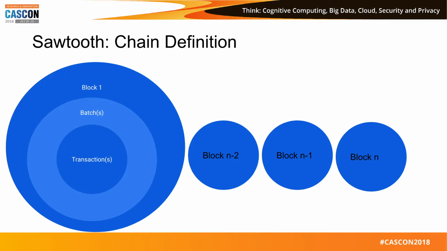You have the concept of batches. Each block can have one or multiple batches, and each batch can have multiple transactions. The transactions eventually form a block, and then one or multiple blocks can form a chain.